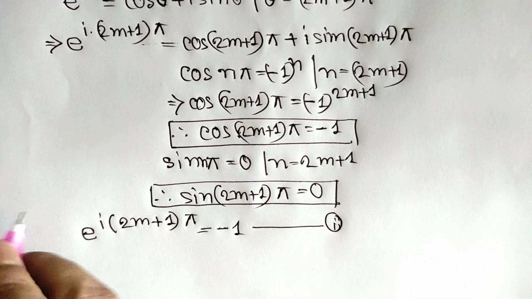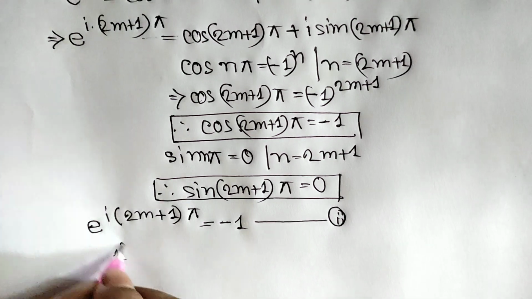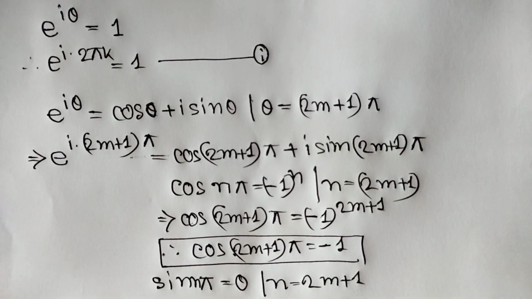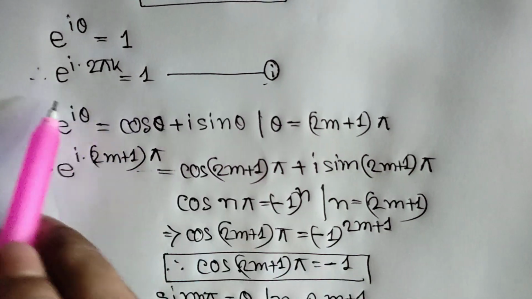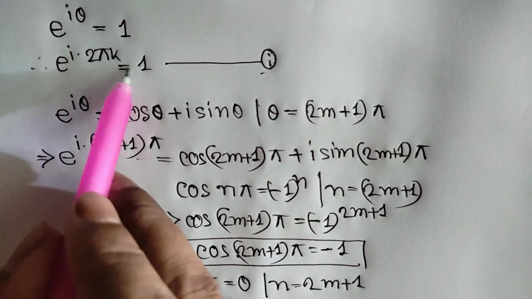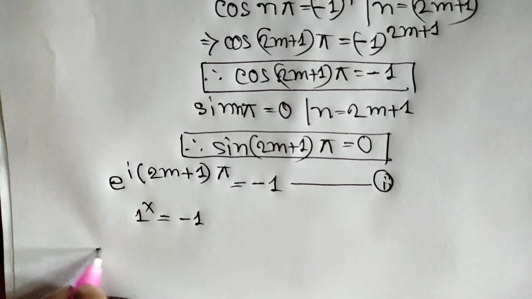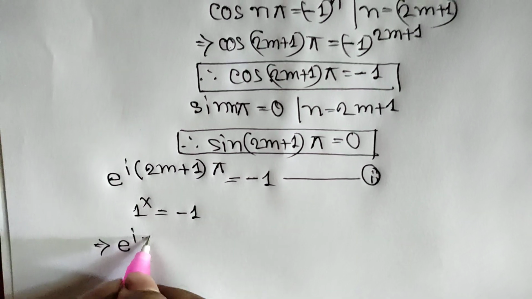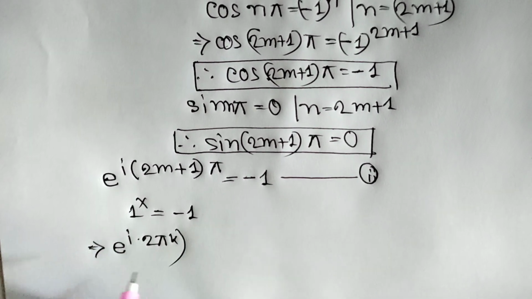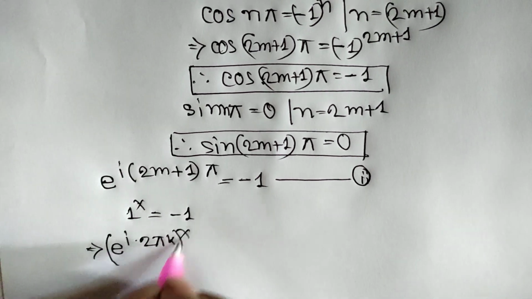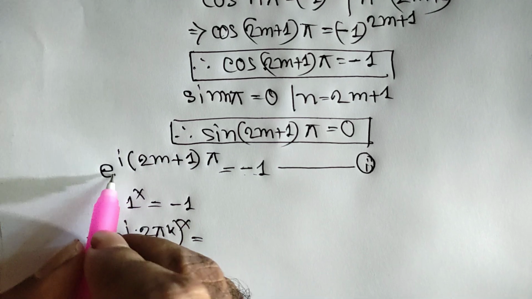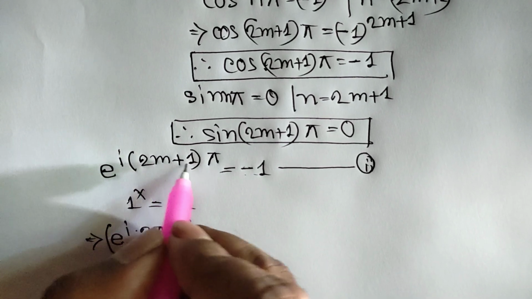Now our given equation is 1 to the power x is equal to -1. From equation number 1, e to the power i times 2 pi k is equal to 1, so we can write here (e to the power i times 2 pi k) whole to the power x is equal to, and from equation number 2, -1 is equal to e to the power i times (2m plus 1) pi.